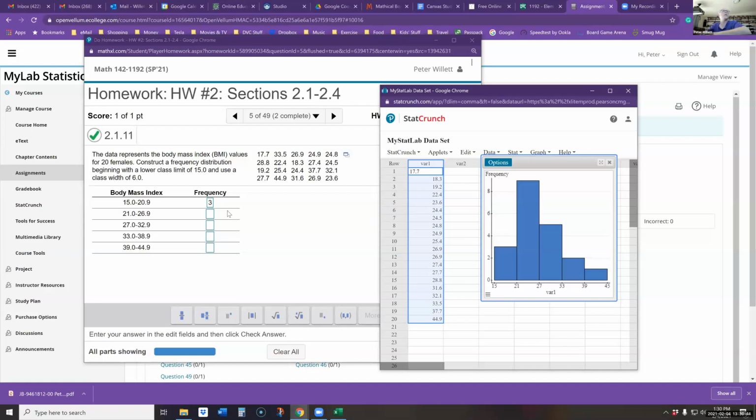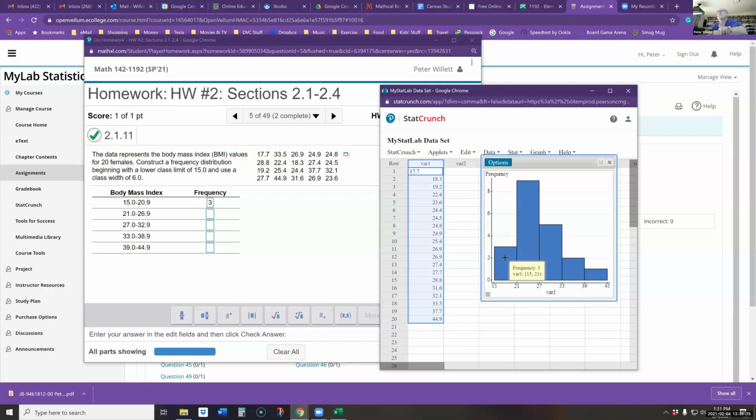So maybe we can see, I already tallied up, there were three data values in the first class, and you can see that this first bar goes up to a height of 3. However, even better than that, I don't need to read that graphically. If you hover your mouse over the bar, it will give you the data values. The frequency was 3, and this was for the range of values beginning with, including, 15 up to 21, but not including 21 because 21 is in the second class.